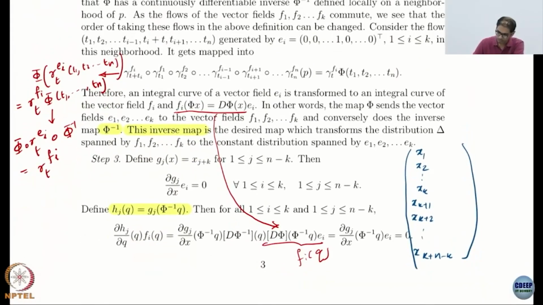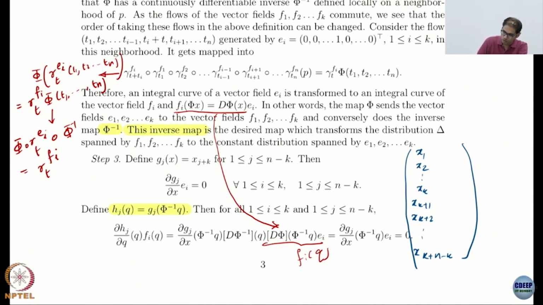If you notice, I am choosing the G in a smart way so that this partial multiplied by Ei is 0. Now, i ranges from 1 to k. So, Ei has 1 in what position? In the ith position. Ei has 1 in the ith position and zeros everywhere else, and this i is at most k.